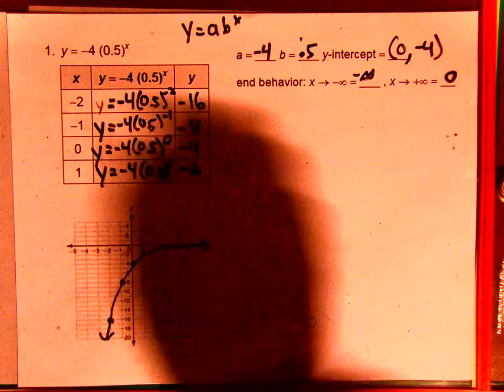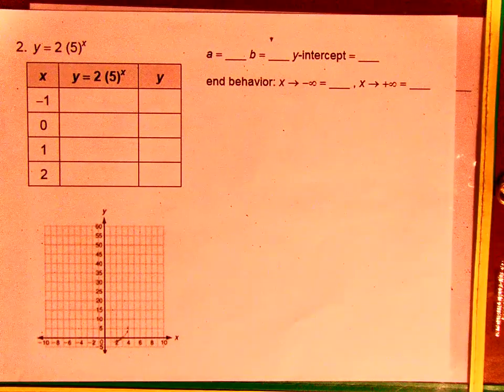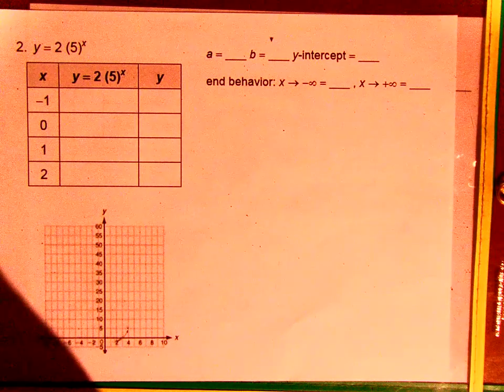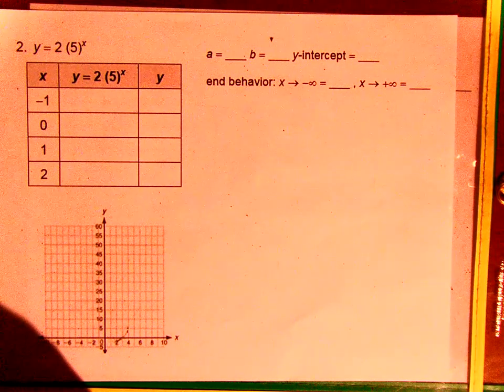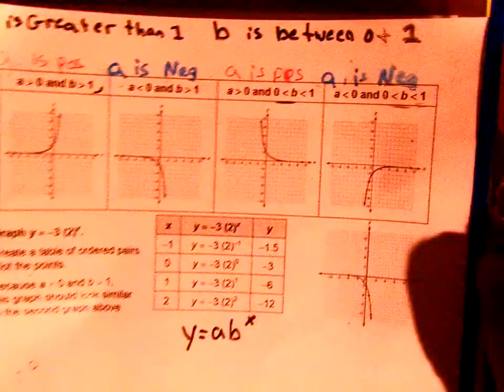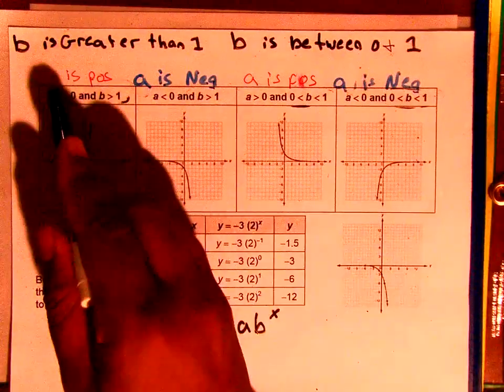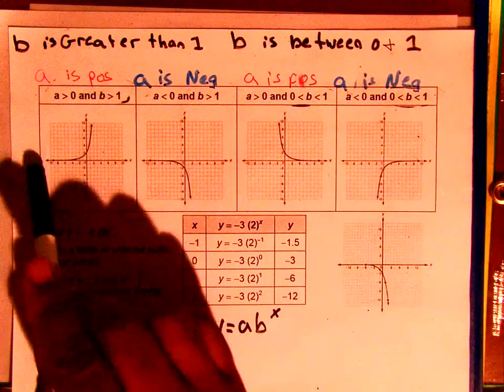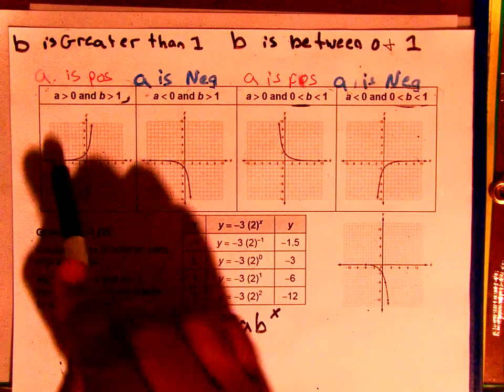Let's take a look at another example. Again, here we've got y equals 2 times 5 raised to the x. If we look at our original chart here, we see that the a is positive and the b is greater than 1, so it should look something like this here. So let's take a look.